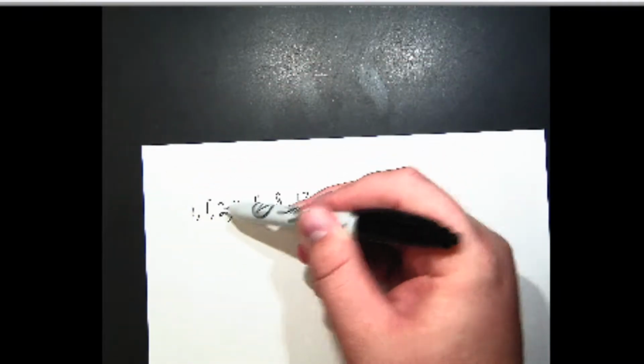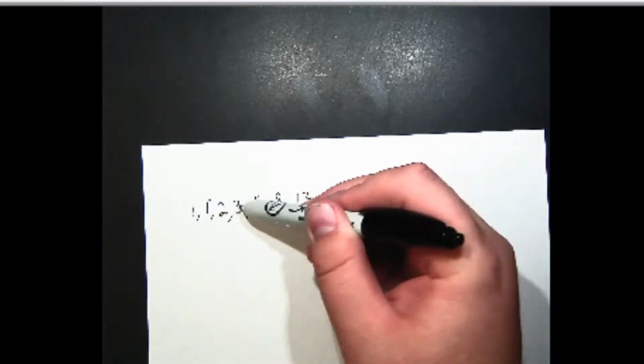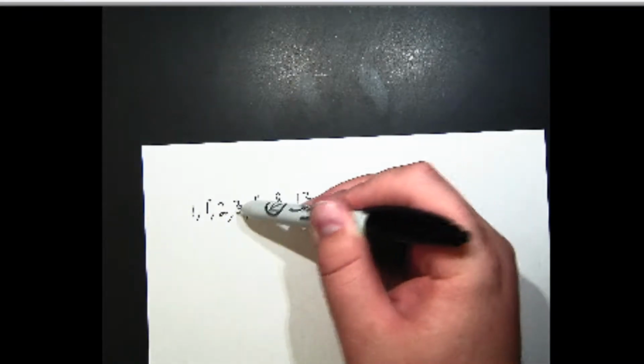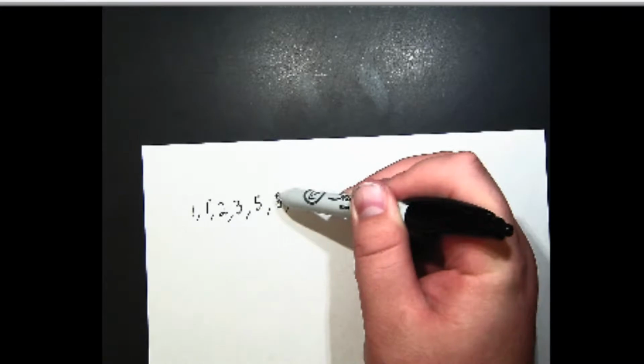If we add 1 plus 2, we get 3. If we add 2 plus 3, we get 5. If we get 3 plus 5, we get 8. 5 plus 8 is 13, so on and so forth like that. Just like those sections of the pentagram. So this is a numerical way of expressing that golden ratio idea, that sequence.